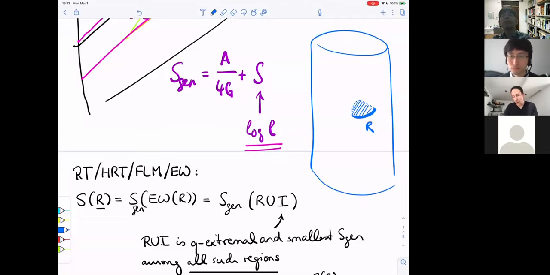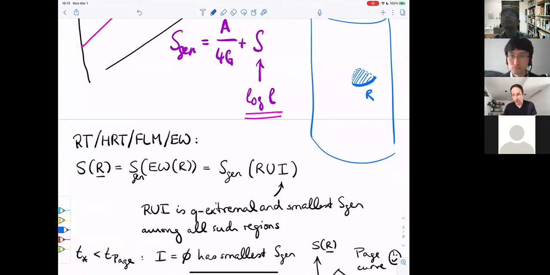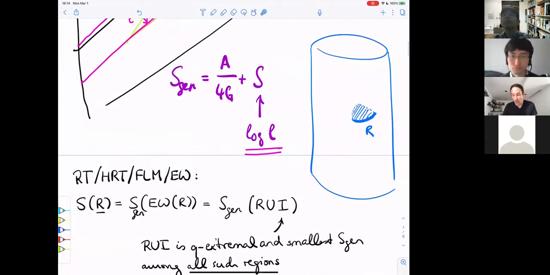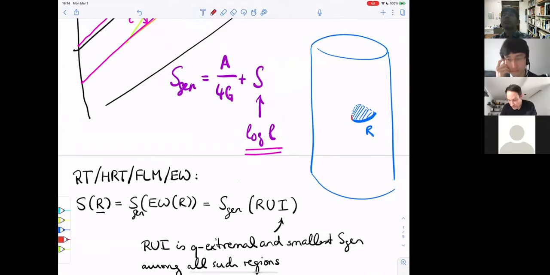Now, initially, Ryu and Takayanagi gave that prescription for static situations. It was then generalized by Hubeny, Rangamani and Takayanagi to general time-dependent situations. In that case, what you need that surface to be is not quite minimal, because you can always make a surface in a Lorentzian spacetime smaller by wiggling it up and down in time.